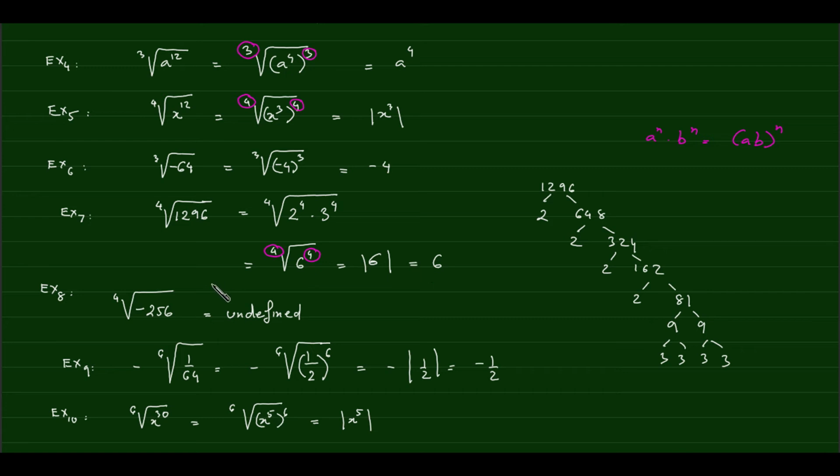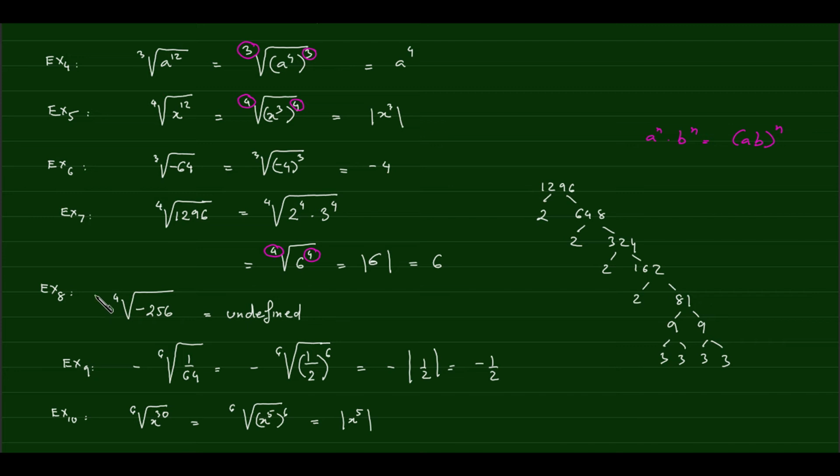Alright. However, for this one, because this is a 4th root and this is a negative number, that's why it's undefined. We cannot do it, because it's a negative number. If it is a 3rd root, then maybe we can do it, but this is a 4th root, we cannot do it.